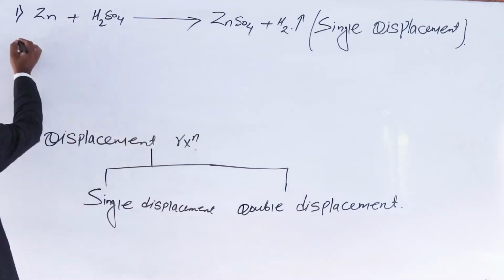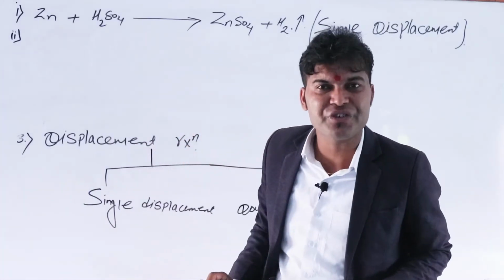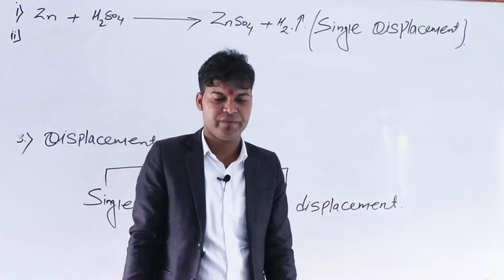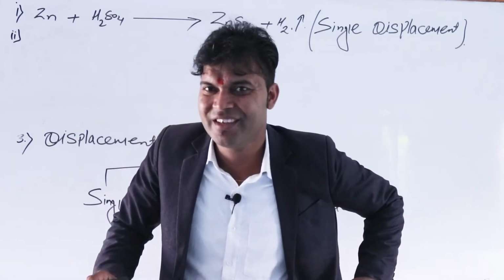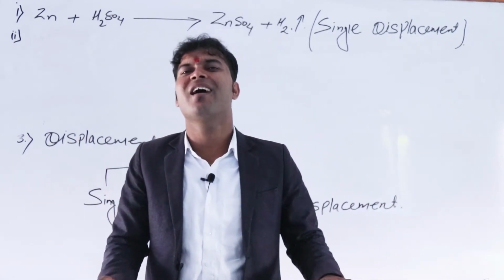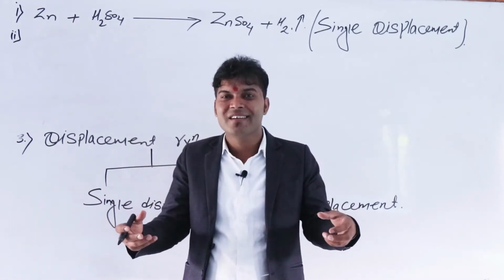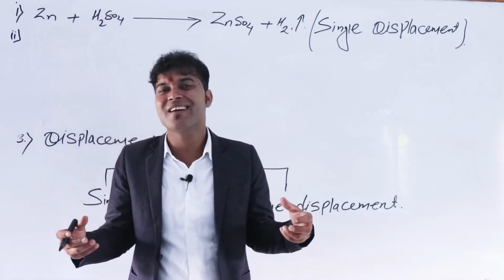The second one is the double displacement reaction. The reaction in which two compounds react together to form two other compounds by mutual exchange. Two compounds, not atoms, not a single molecule.